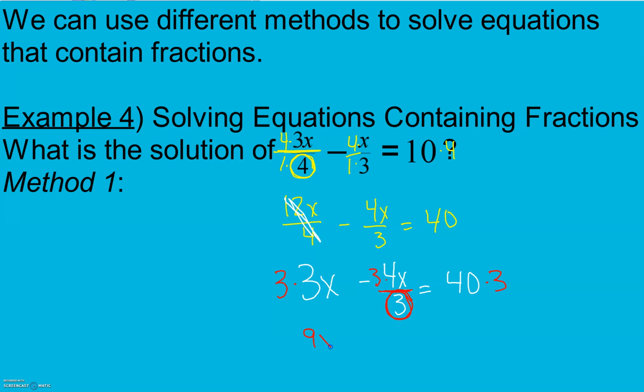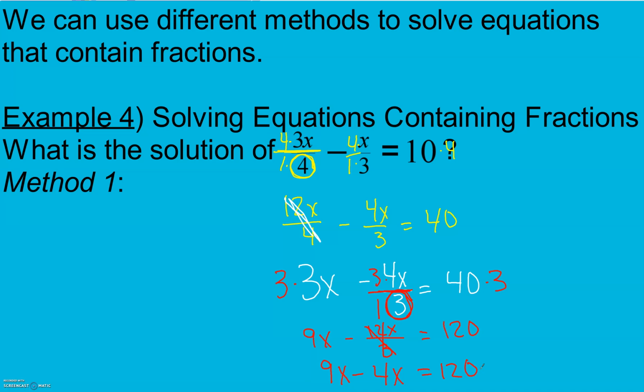3 times 3 is 9x, minus 3 over 1, 12x over 3. We multiply straight across there. Reduce if we can. 12 divided by 3 is 4. And I get to 9x minus 4x equal to 120, the same way I did if I multiplied by my common denominator.